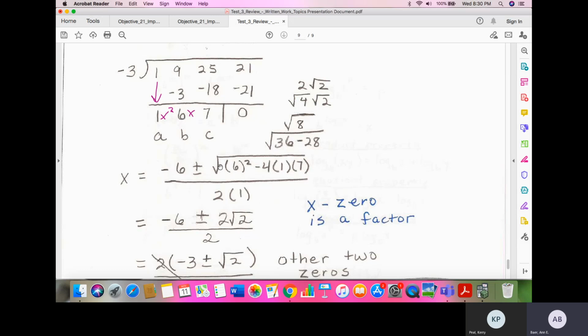I like to work with the square root first. Let's look inside the square root here. 6 squared is 36. Minus 4 times 7 is 28. So minus 28.